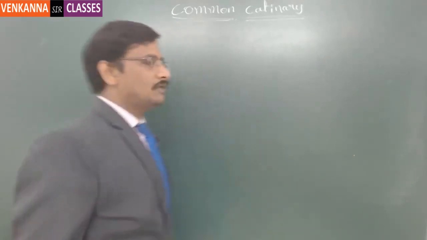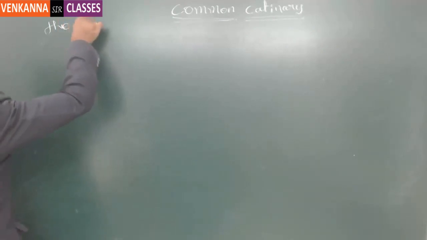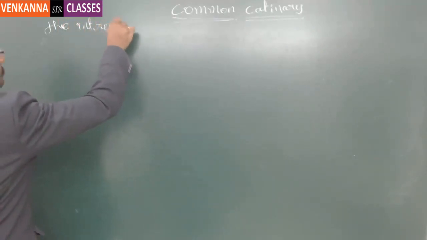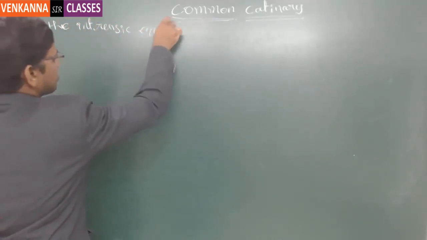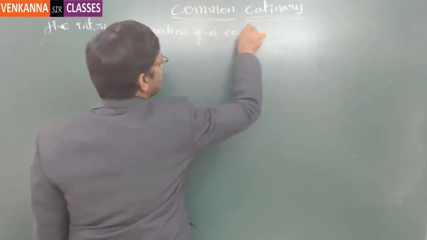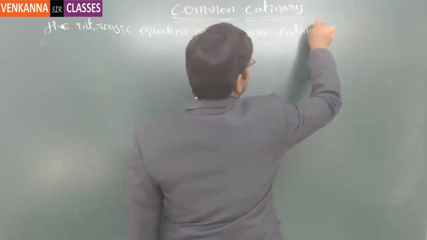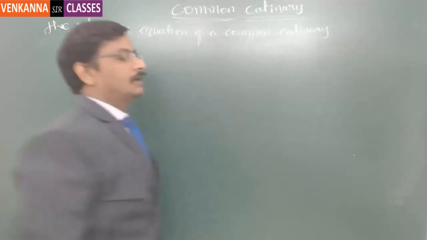The first and foremost is the intrinsic equation of a common catenary.